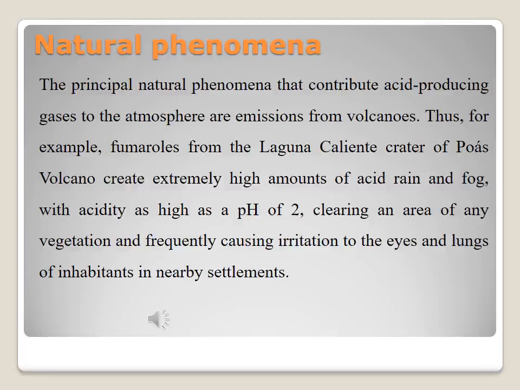For example, fumaroles from the Laguna Caliente crater of Poás volcano create an extremely high amount of acid rain and fog, with acidity as high as a pH of 2, clearing an area of any vegetation and frequently causing irritation to the eyes and lungs of inhabitants in nearby settlements.